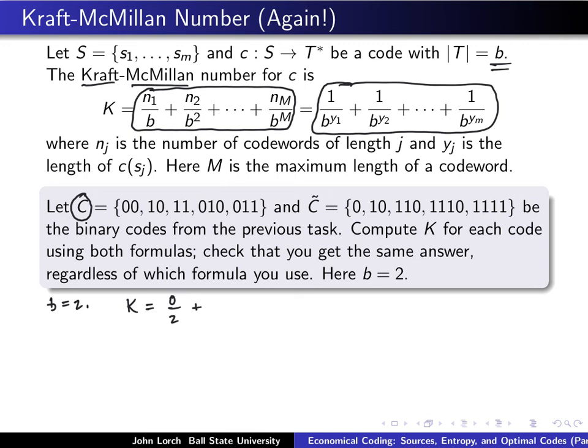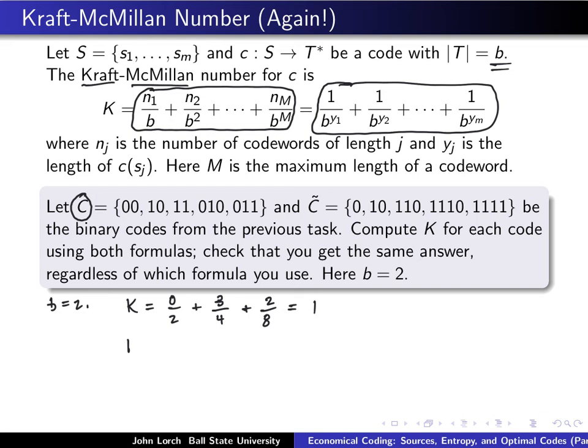I see there are 3 of them. 3 code words of length 2 over 2 squared, which is 4. And then there are 2 code words of length 3 over 2 cubed, which is 8. And then there are no code words of length 4 or 5 or any other thing. And so this is the end of my Kraft-Macmillan sum. That turns out to be equal to 3/4 plus 1/4, which is 1.